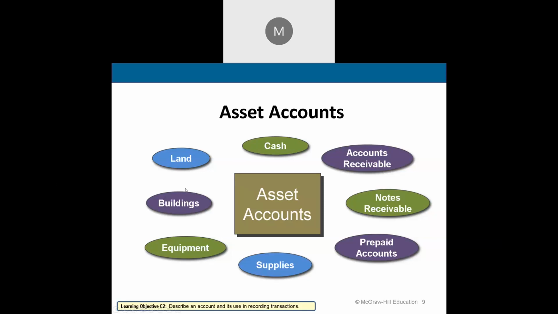You'll hear me keep referring to this. Property is the land. Plant, that's the building, and equipment. We call these fixed assets. The reason they're fixed is because you can't just remove them. They're there permanently to help the business generate revenue.